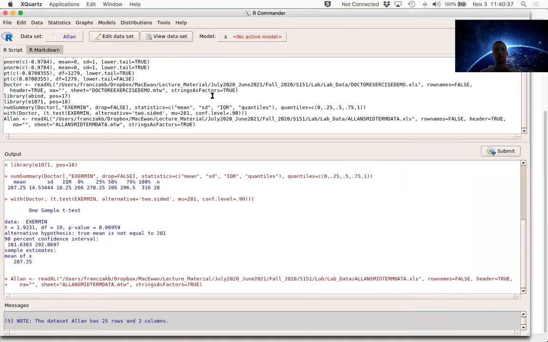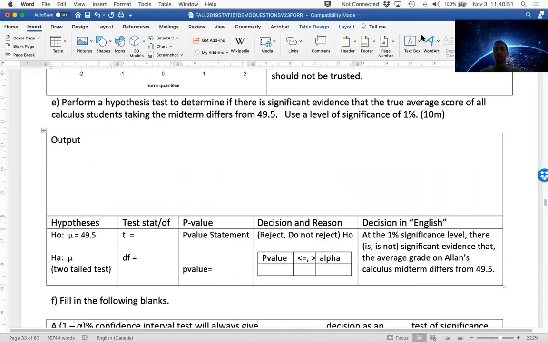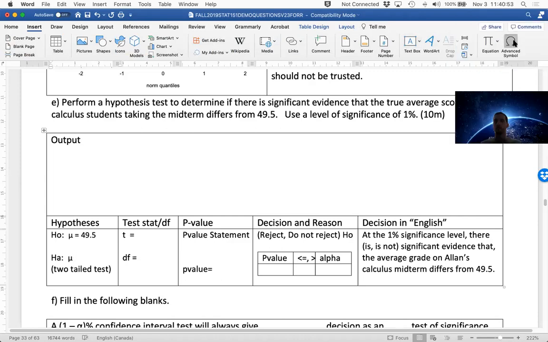Okay, so we want to conduct a hypothesis test to determine if the true mean differs from 49.5. So in the null we have 49.5, and then in the alternative, we are going to have mu different from 49.5.